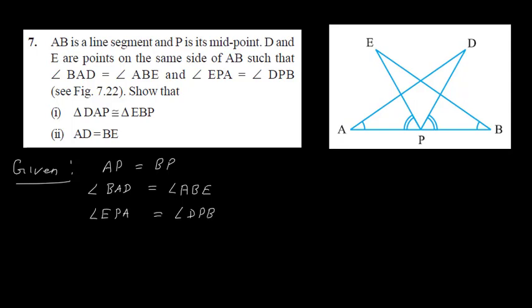We have to show first, triangle DAP is congruent to triangle EBP. Second, I have to show AD is equal to BE. These two things we have to show.